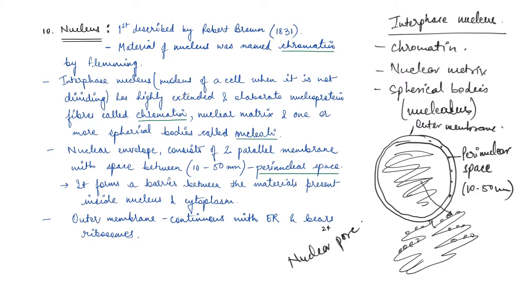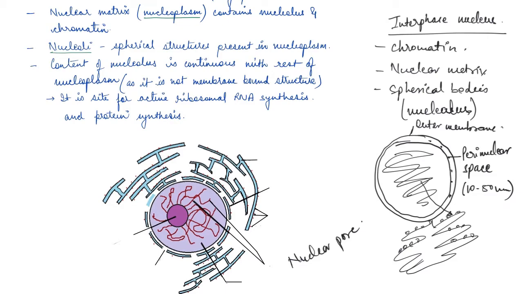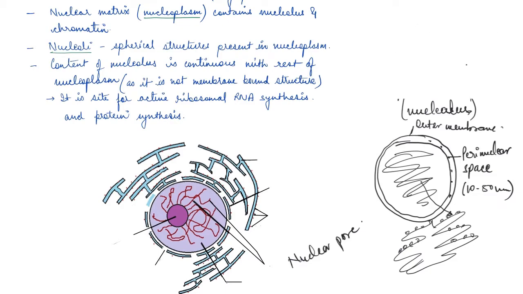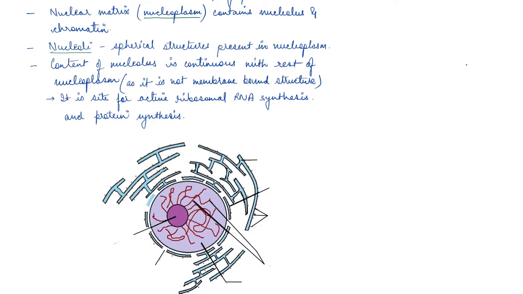Now let's come to the nuclear matrix. What exactly does the nuclear matrix contain, right? The nuclear matrix is known as nucleoplasm. This matrix contains the nucleolus and the chromatin fibers, right?